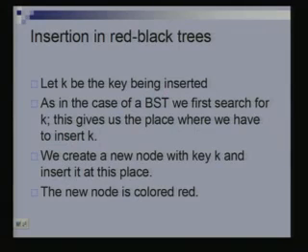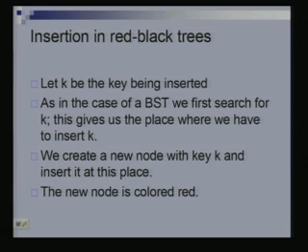Suppose we are trying to insert a key k into a red-black tree. After all, a red-black tree is a binary search tree. So, first the insertion process would be as is in the case of a binary search tree, which means that we would try to find whether the key already exists in the tree. If it exists, then we would not insert it.